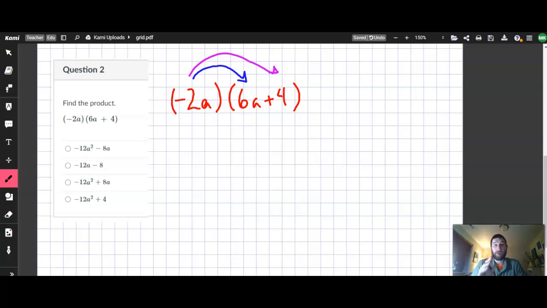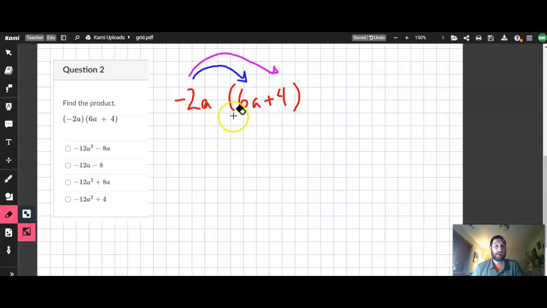And remember, ladies and gentlemen, I put the parentheses here, but the parentheses do not represent multiplication. The lack of a symbol represents multiplication. That's why writing the negative 2a in parentheses here is the same thing as writing negative 2a without the parentheses. And so that negative 2a is still being multiplied by 6a and 4.